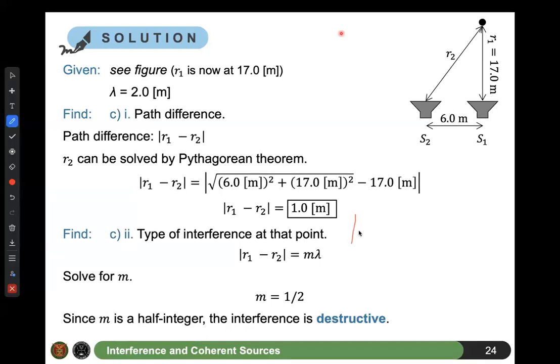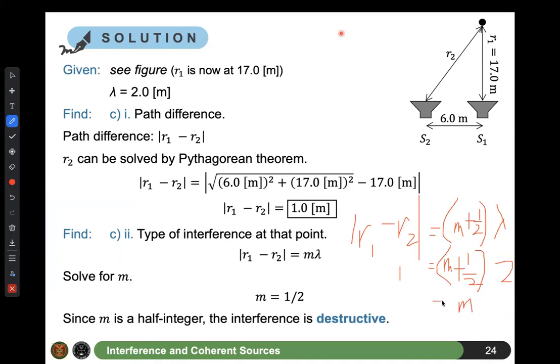Now, if we try the condition for destructive, we again have M plus 1 half times lambda. Again, R1 minus R2 is 1, and we have lambda of 2. So M plus 1 half times 2. So M will be 1 over 2 minus 1 half.